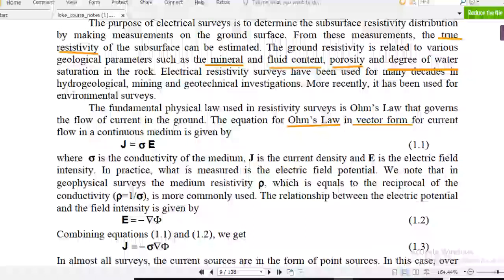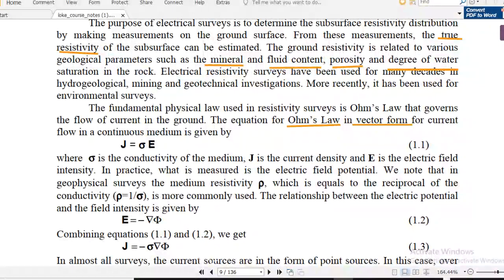It is the vector form of the current flow in a continuous medium. One, it is vector form. Second, flow in a continuous medium. So J is equal to sigma times E. That is, the current density is equal to the conductivity of the medium times the electrical field intensity.